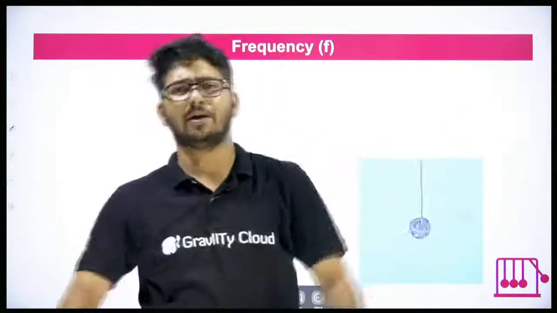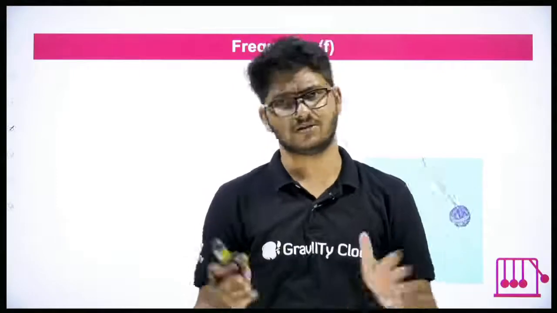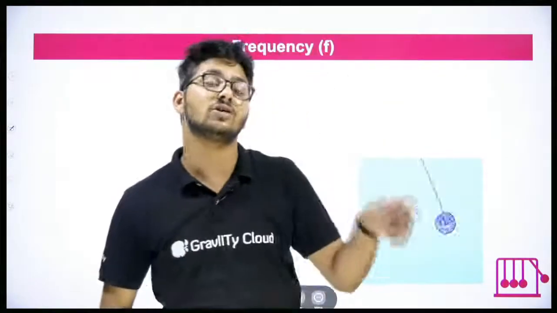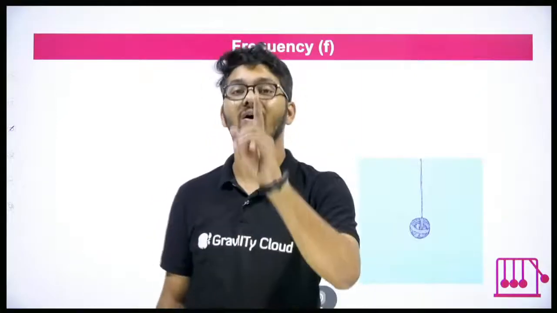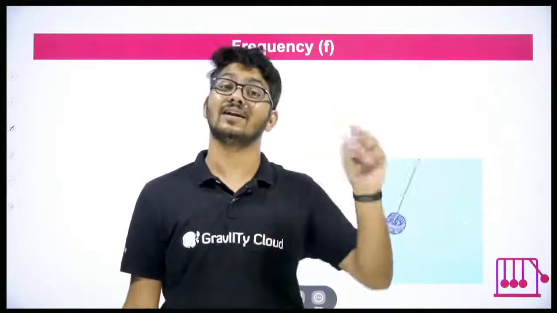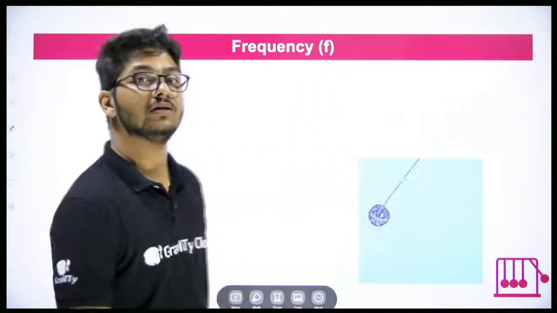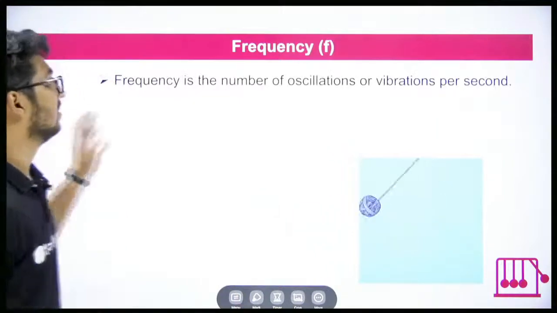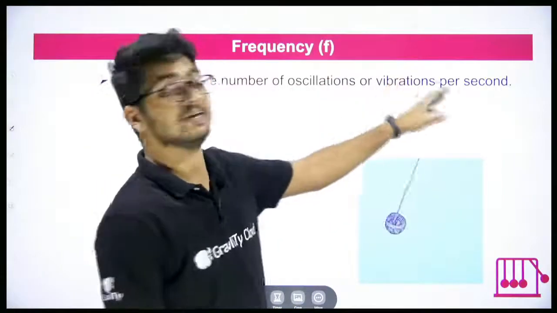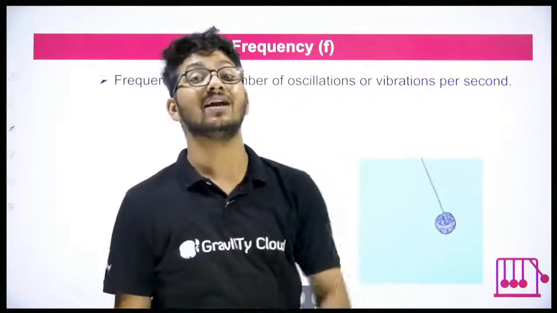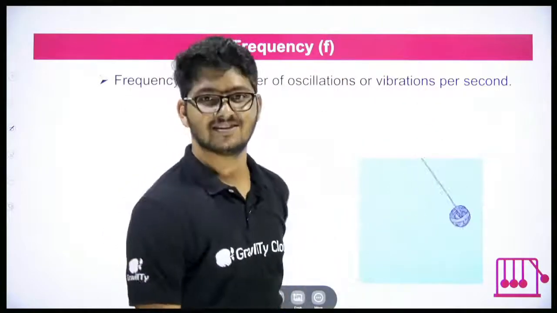It depends on the person. Thing is, how many times does he or she blink in 1 second? That number is called frequency. So frequency is nothing but the number of oscillations or vibrations per second. When I say per second, that means in 1 second.